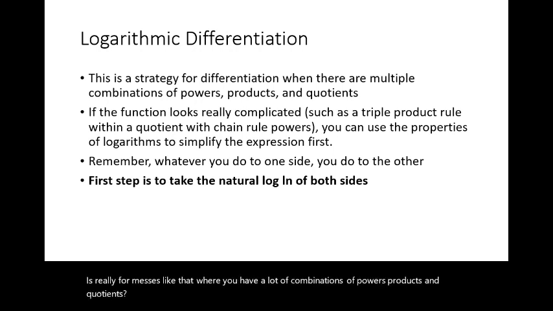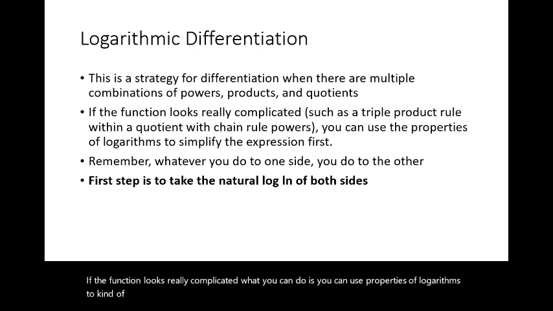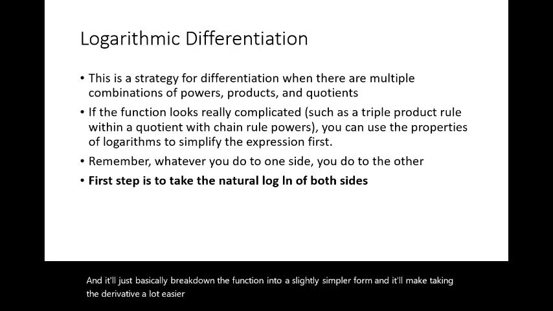If the function looks really complicated, what you can do is use properties of logarithms to break down the expression into sums and differences, which are easy to differentiate. It'll basically break down the function into a slightly simpler form, and it'll make taking the derivative a lot easier. You will have to use a lot less chain rule, although some chain rule is inevitable.